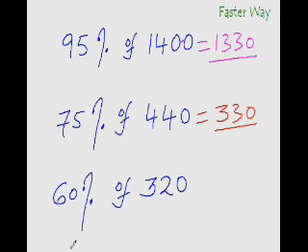Alright, now look at this. 60%. 60% is nothing but 50% plus 10%. So 50% of 320 would be 160, and 10% would be 32. 160 plus 32 is 192. So this is the answer.